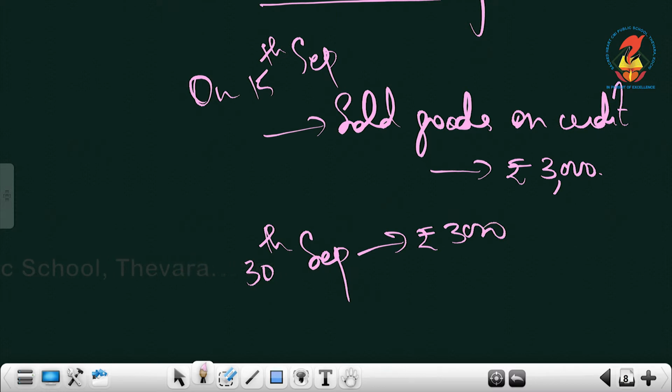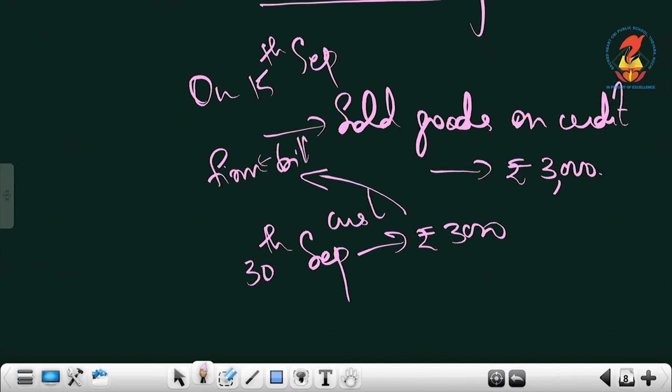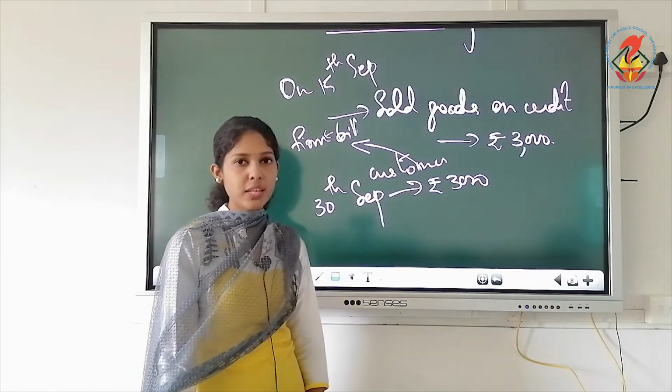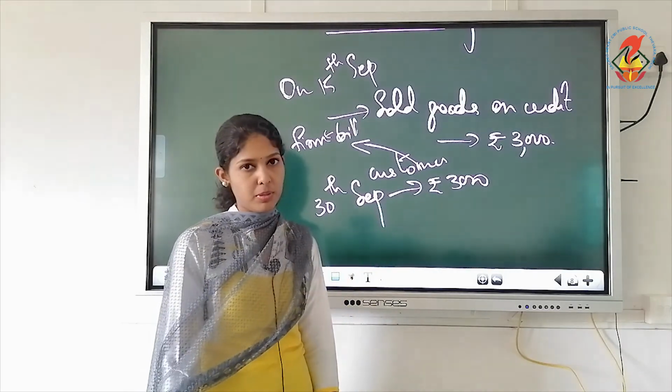So, on 15th September, customer gave us, that means customer gave a bill to the firm. The customer is giving a bill to the firm on this date of sale. We are not getting amount of 3000 but a bill saying that the amount will be paid on 30th of September.